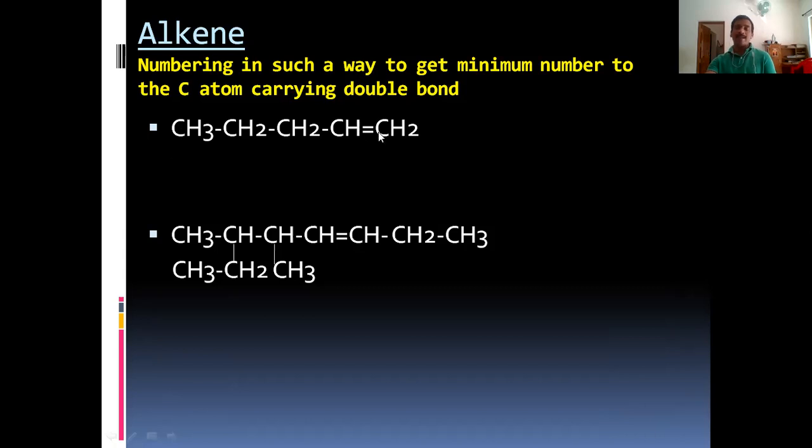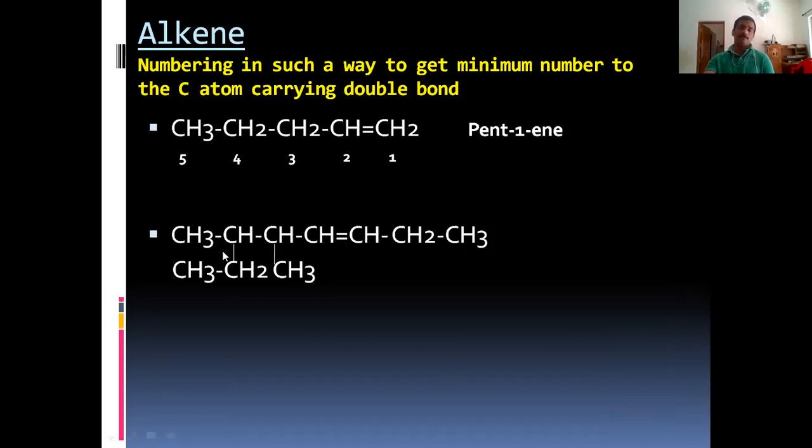And it is an alkene, so you have to add ENE: pentene. But where is the double bond? That also you have to mention. It is attached to the first carbon atom. So pent-1-ene is the name of the compound.